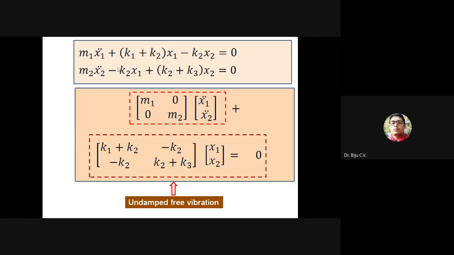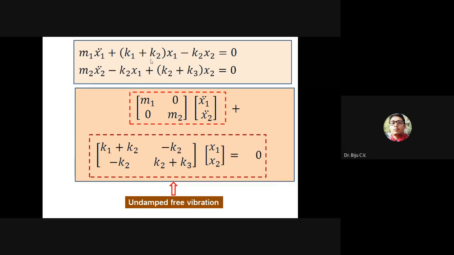So the conversion of a linear equation to a matrix form, because we are using computers for the analysis. So in that case, we need to transform everything into matrix form. So this is the mass matrix, and this part is the acceleration part. And here the corresponding coefficients of X1, X2, you can take. So that part will be multiplied here, K1 plus K2 times X1, then correspondingly K1 plus K2 times X2 minus K2 X2.